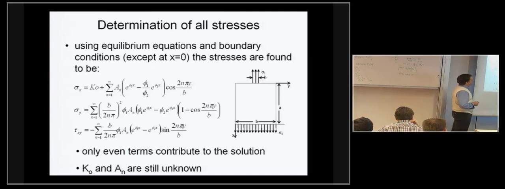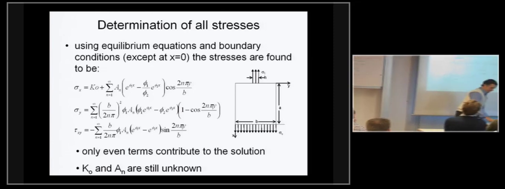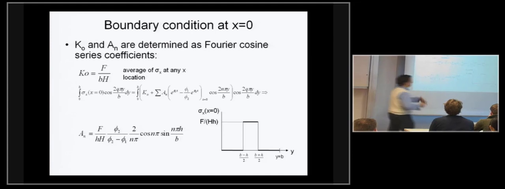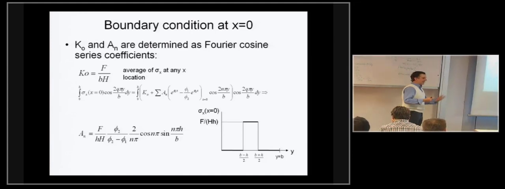And what I still haven't satisfied are the boundary conditions on sigma x. Basically, I haven't clearly imposed the condition that at this edge sigma x is 0 and all of a sudden jumps, and then it's 0 again. To do this, it's just a direct Fourier series determining the nth term of a Fourier series.